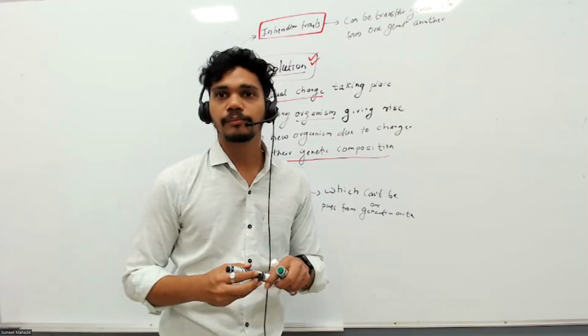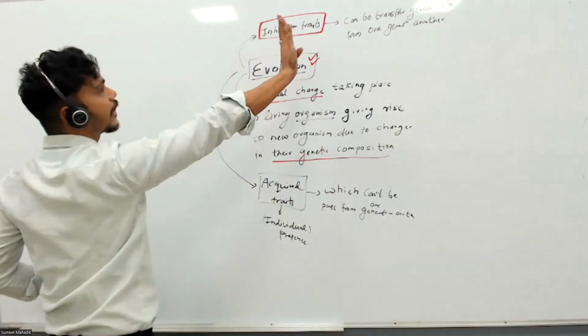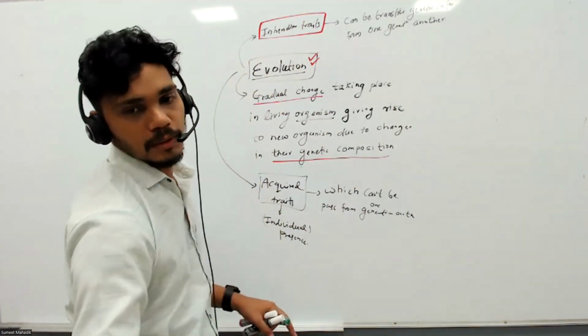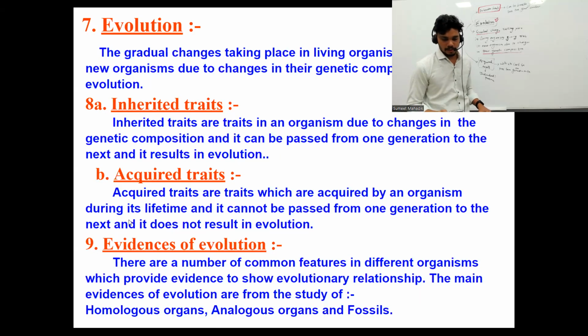My point is clear? Yes. So inheritance: genetic information can be transferred. Acquired: not transferred, present only in the individual. So this we have clear over here. Okay, so we have done this much. We have time, we can go ahead.